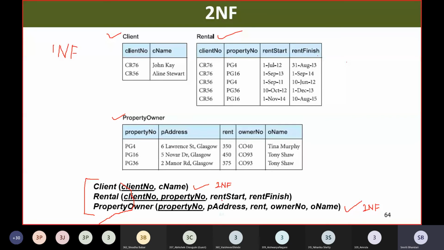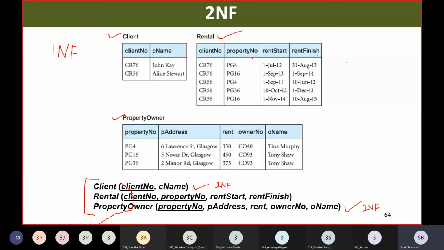The primary key is client number, property number, so it is a composite primary key having two attributes. So what we need to check is whether rent start is fully dependent on this primary key, and also whether rent finish is fully dependent on this primary key.